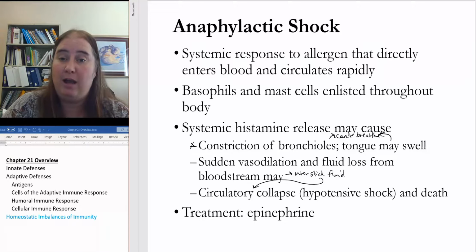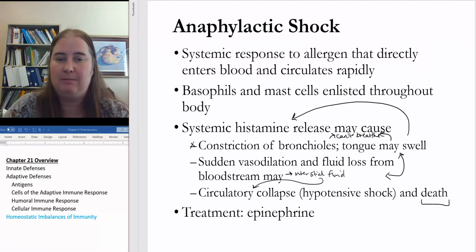And this is why things like bee stings, peanut allergies can cause death. Okay? Because of these two phenomenons, all caused by this histamine release.